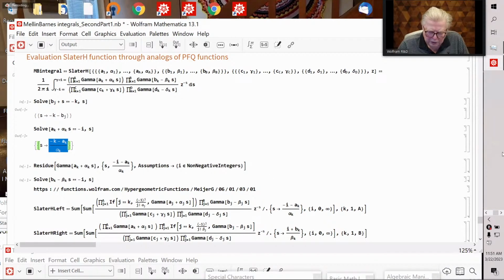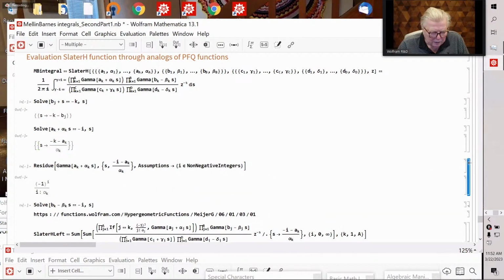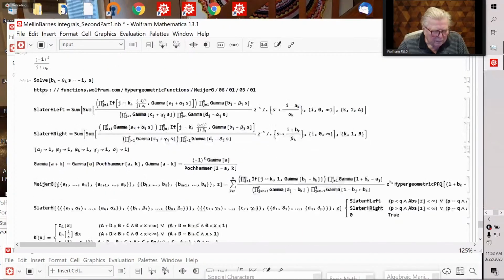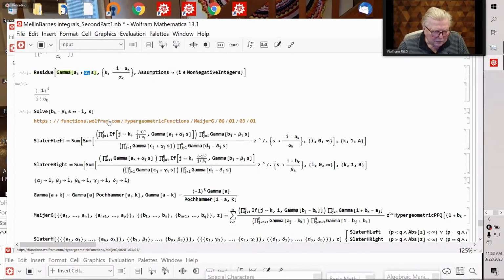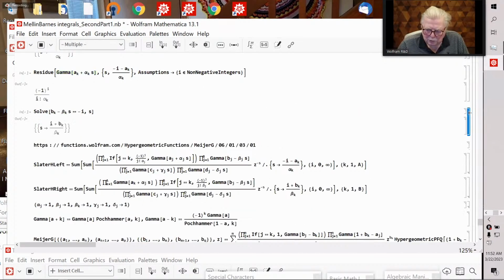Then we can evaluate residues, but don't forget that we have the coefficient alpha, K. The same we can do for other residues in the right poles.